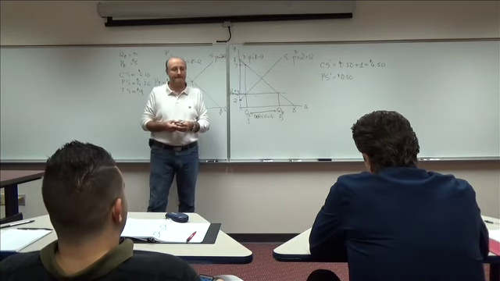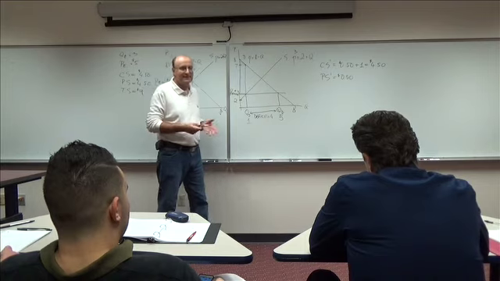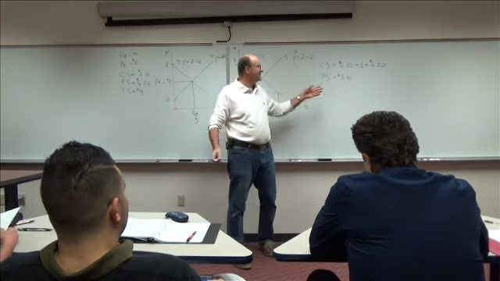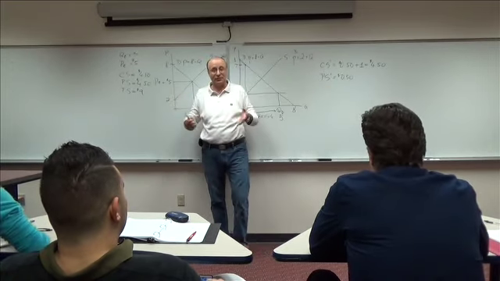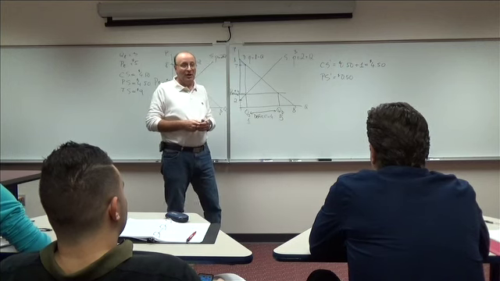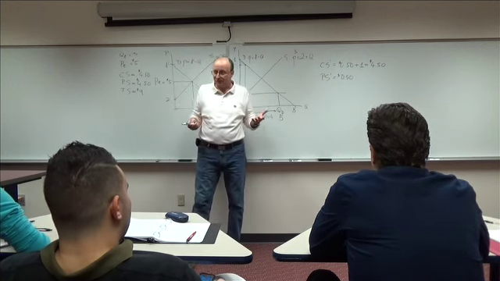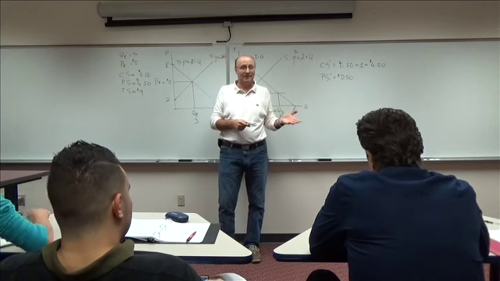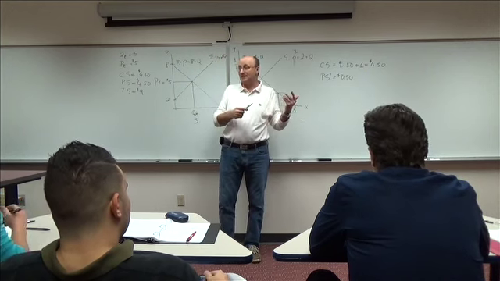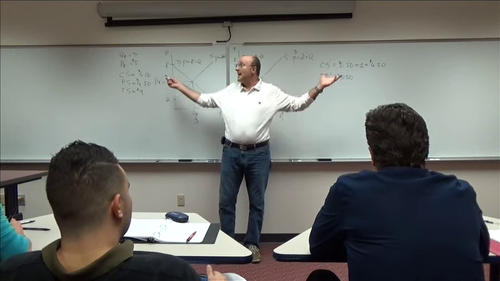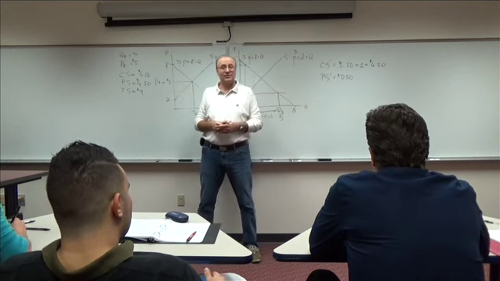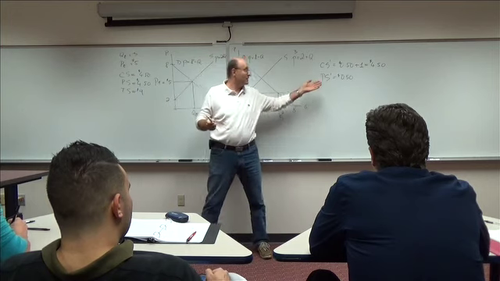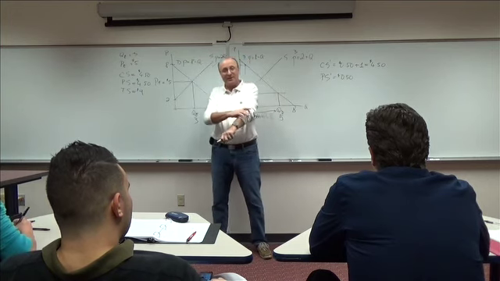Are you better off? No. Price ceiling always makes producers worse off. Of course, it was never introduced to make producers happy, right? It was introduced to make consumers happy. And sometimes it does make them happy, sometimes not. And sometimes it makes them worse off. But producers, no, it always makes producers worse off. Okay?